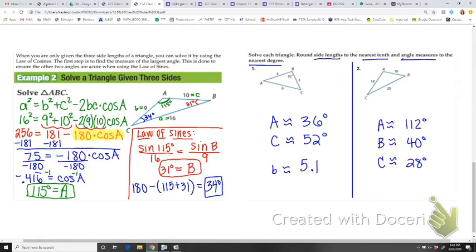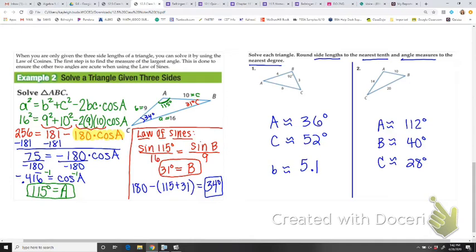So notice the capital A is the part that is missing here. So we have 16 squared turns into 256, 9 squared is 81, 10 squared is 100. If you add those together, you get 181. The next part, negative 2 times 9 times 10 is negative 180 times the cosine of A.